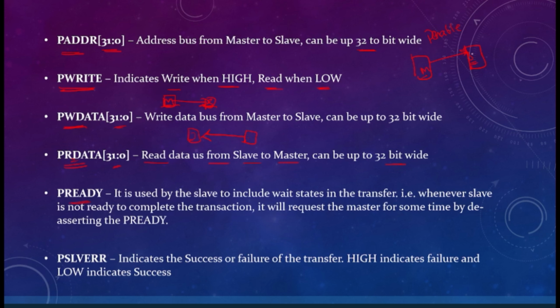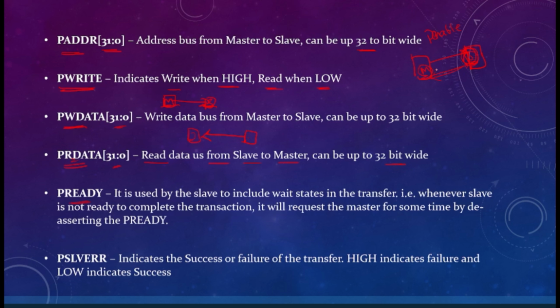Only after completing the processing of that data should the master give another packet of data. So in order to let the master know whether the slave is ready to take another packet of data or another transaction, what will the slave do?